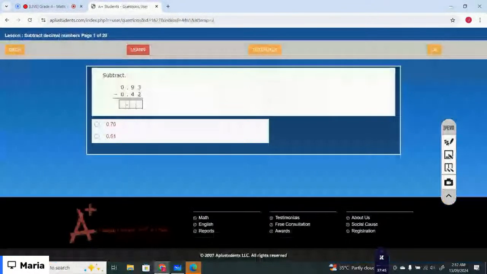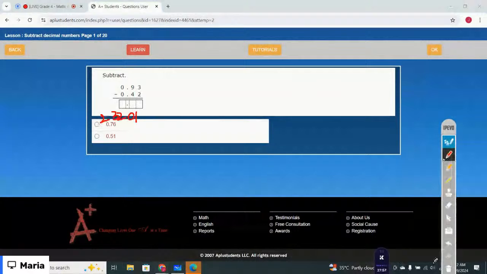So that is 0.93 take away 0.42, which is the correct option? You just have to subtract. So start with the rightmost digit. You have to do 3 minus 2, 3 minus 2 is 1. 9 minus 4, that is 5. So the correct option is 0.51.